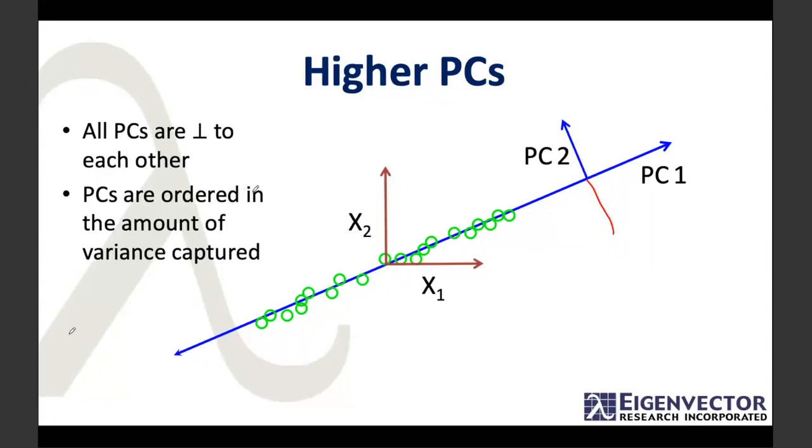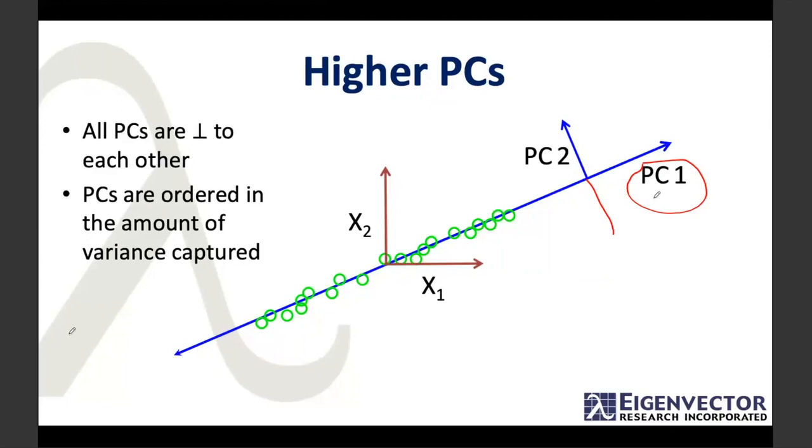Principal components are ordered in the amount of variance captured. We mentioned before that PC1 captures the most variance in our data. PC2 is going to capture variance in my data, but it's going to be less than that captured or explained by PC1.